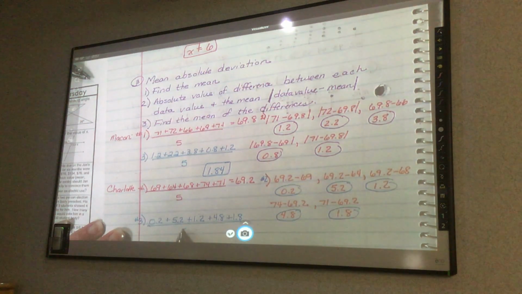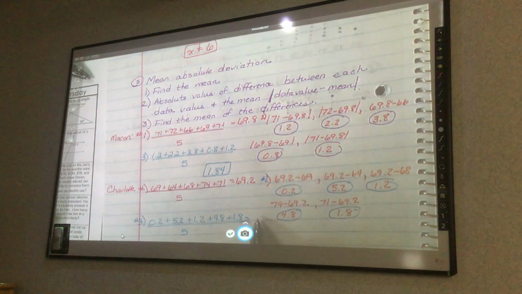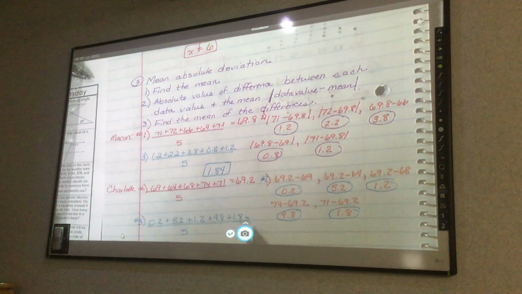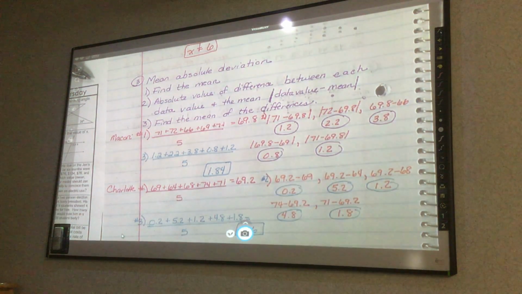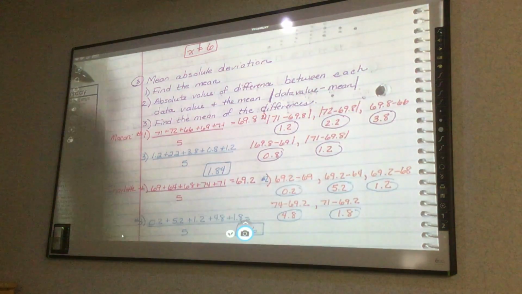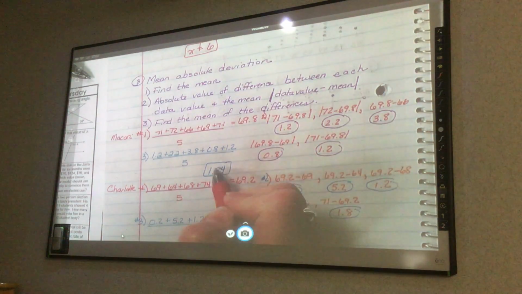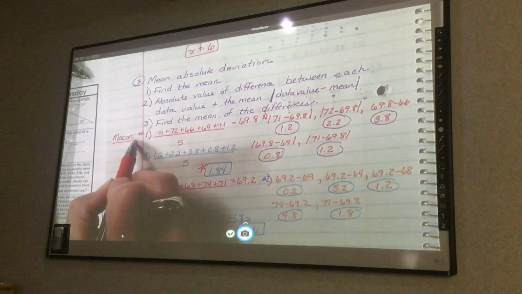Divide that by 5. And I got 2.6. So which one has the smallest absolute deviation? Well, it would be this one right here, the 1.84. So Macon.